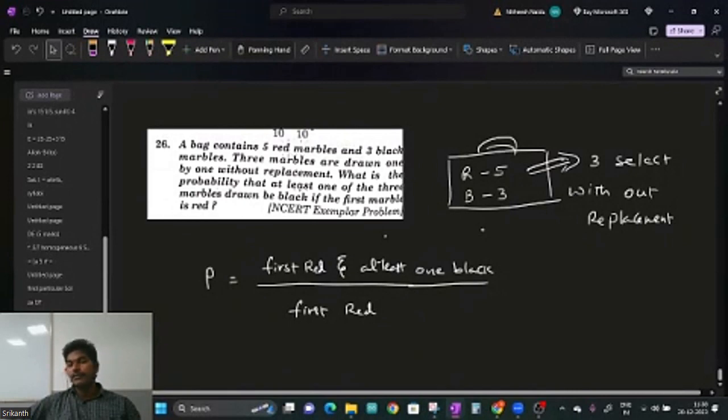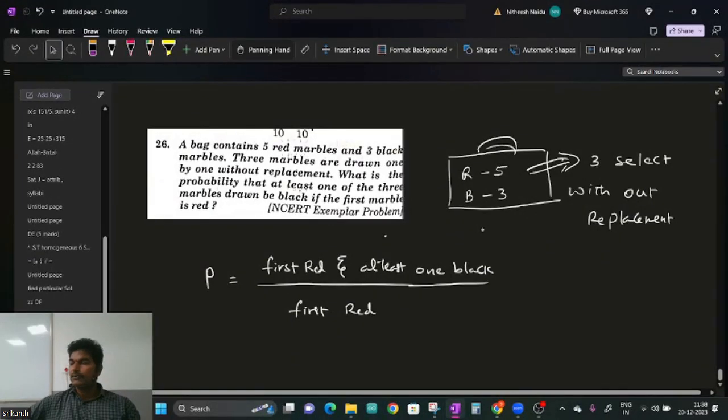Remember, how do you identify conditional questions? You can find some words in the question: given that, known that, assumed to, noted to, if. If these words are present in the question and one thing is well known in the scenario, that kind of scenario is called a conditional question.